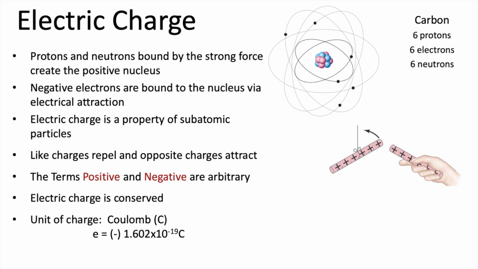Similarly, the charge of the electron is negative, so for the electron we'll use the negative sign here. Its magnitude is 1.602 times 10 power minus 19 coulomb. So the unit of the charge is coulomb, and if it's a positive charge, we remove the negative sign, and that's just positive 1.602 times 10 power minus 19 coulomb.